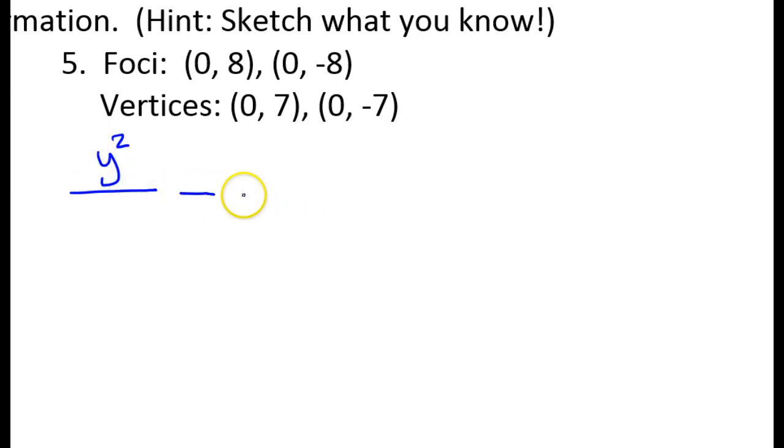So it's always a fraction minus a fraction equals 1, but the numerator will be y squared and x squared because the center is 0 and 0. So I won't have x minus 3 or anything like that. Now all I need is a squared and b squared.